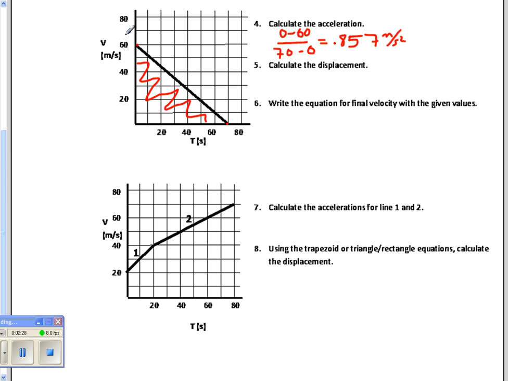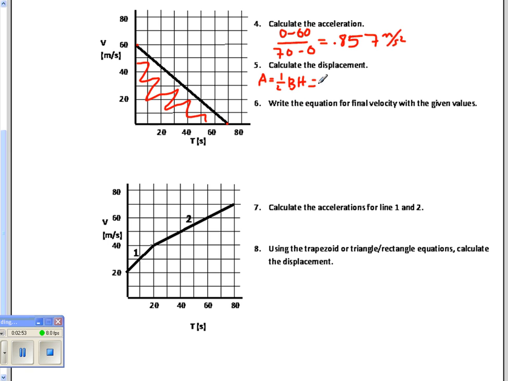You have a triangle, so we know that the area for a triangle is just 1/2 base times height. Our base, again, is the same as our run, so our base is going to be from 0 to 70.